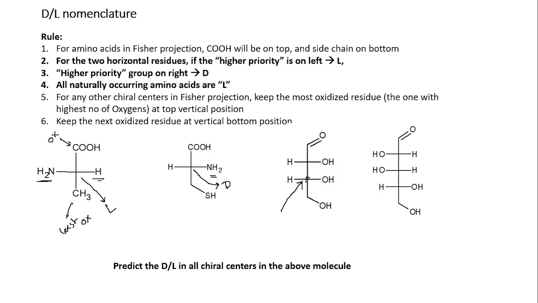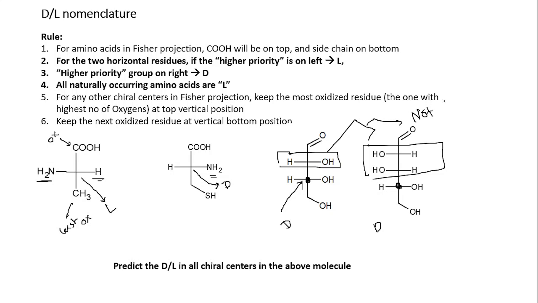So this is the last chiral center on which we should be looking for DL nomenclature. This particular one, for example, is a D. Okay, so we are not considering these carbons. They are not considered for D and L nomenclature.